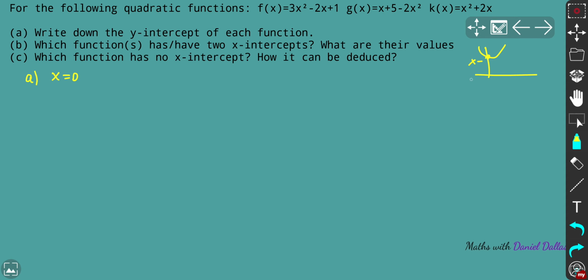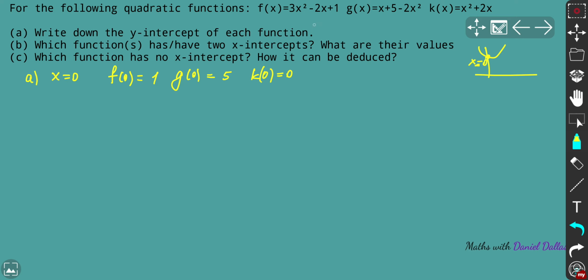So x is 0, in this case we just put 0 everywhere, and f(0) will give us 1. g(0) will give us 5, and the last one, k(0), will give us 0.